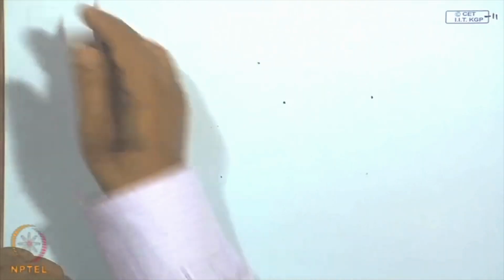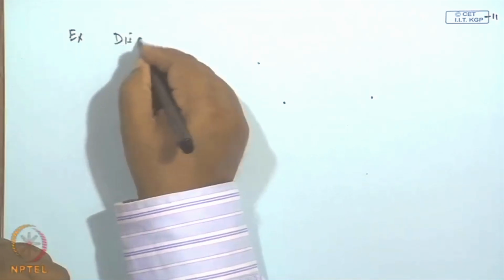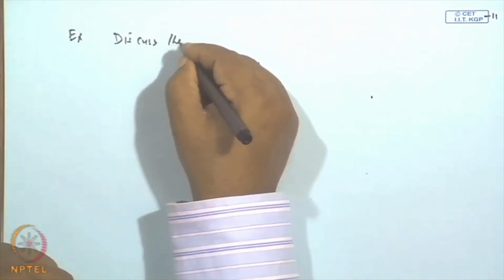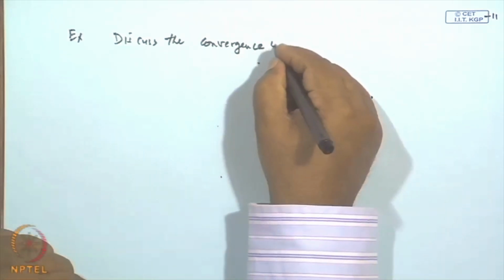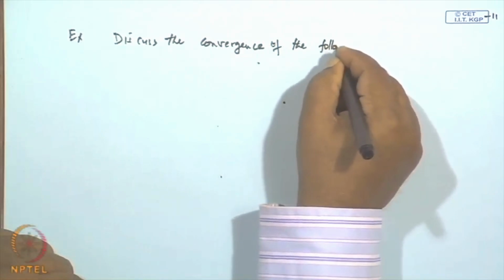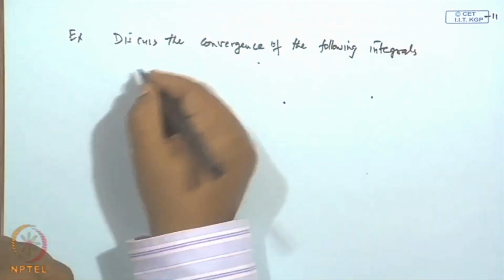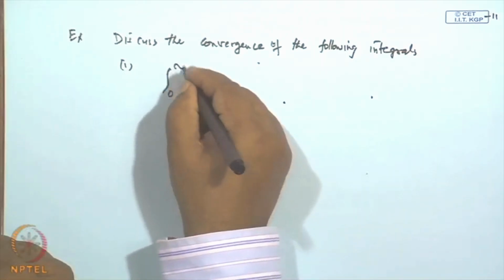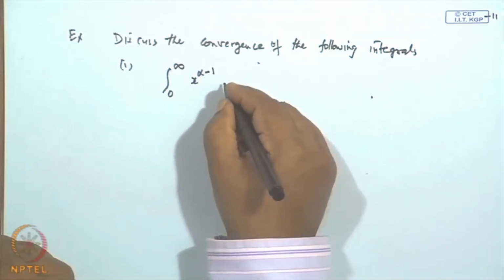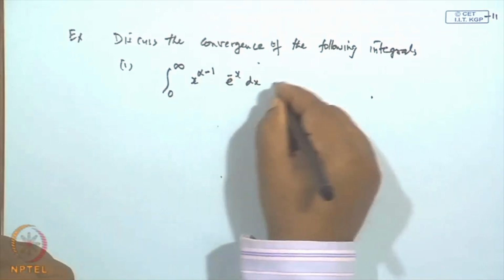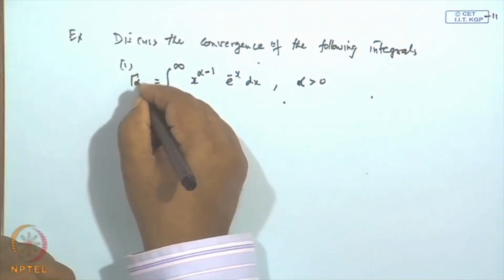Another example we will discuss: discuss the convergence of the following integrals. The first integral is 0 to infinity x to the power alpha minus 1 e to the power minus x dx, where alpha is greater than 0. In fact, this is denoted by gamma alpha.